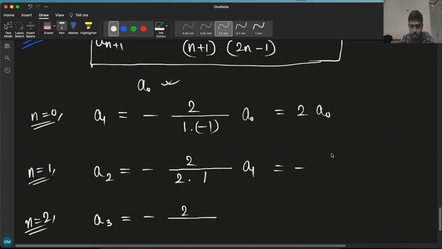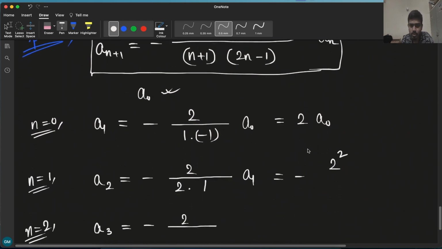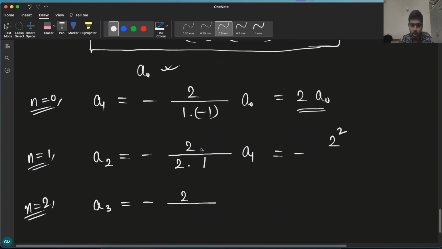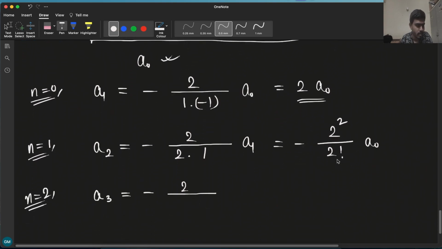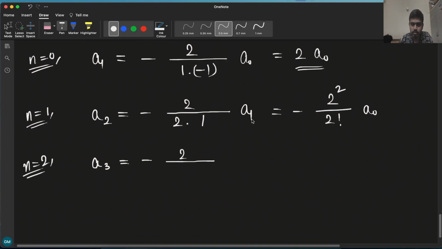If I put a1 as twice a0, then it will be minus 2 square divided by, so 2 times 1 is basically 2 factorial a0, right, which is same as minus 2 a0, but I am writing this because it will follow a pattern. Okay, so because in the denominator it has n plus 1 times 2n minus 1, it will follow a pattern, and this will also follow a pattern.